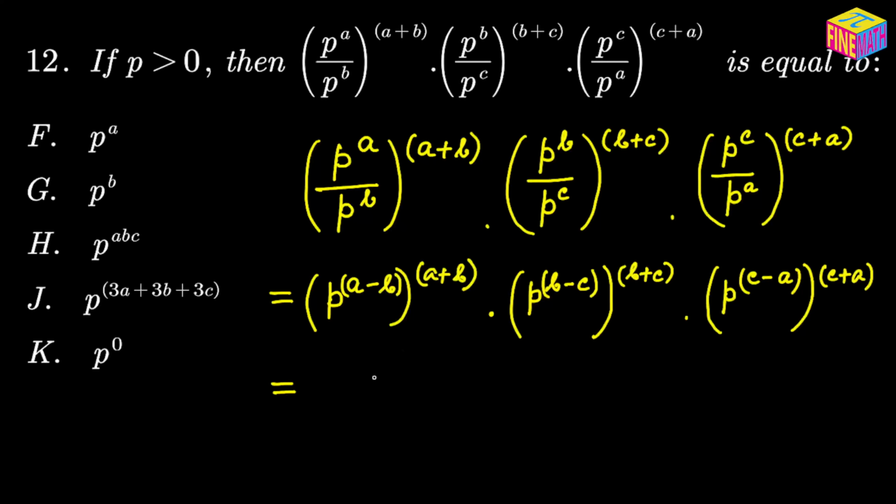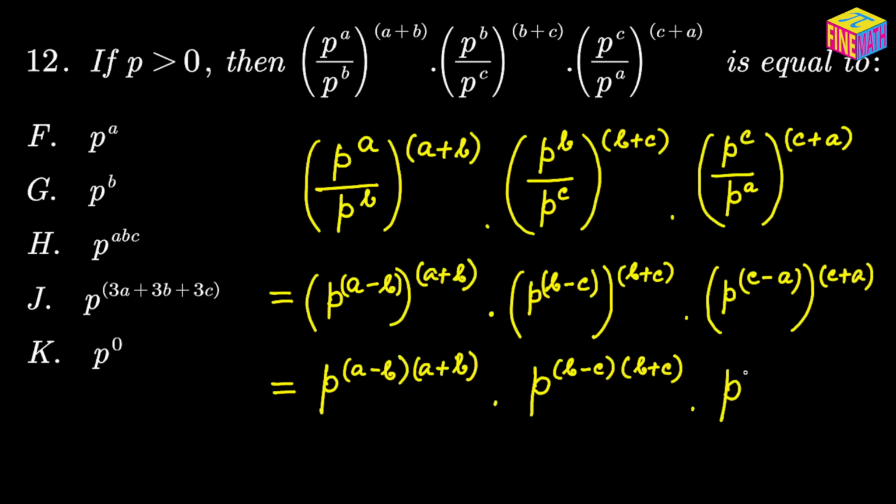So the first factor will become p to the power (a minus b) times (a plus b), and then times the second factor. The second factor again can be written similarly as p to the power (b minus c) times (b plus c), and also the third factor can be written as p to the power (c minus a) times (c plus a).